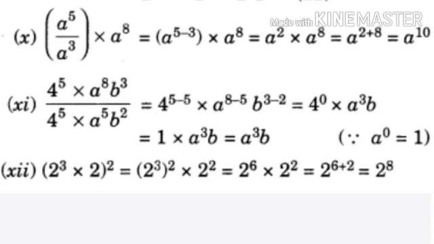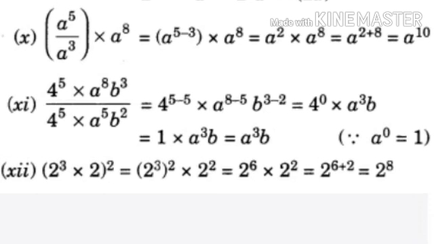We can write it as 4^0, 5 minus 5 is 0, × a^3, 8 minus 5 is 3, × b^1, 3 minus 2 is 1. We can write it as 1 × a^3 × b. You know, any number raised to the power 0 is 1. So 4^0 is equal to 1, giving 1 × a^3 × b. So we can write a^3 b.